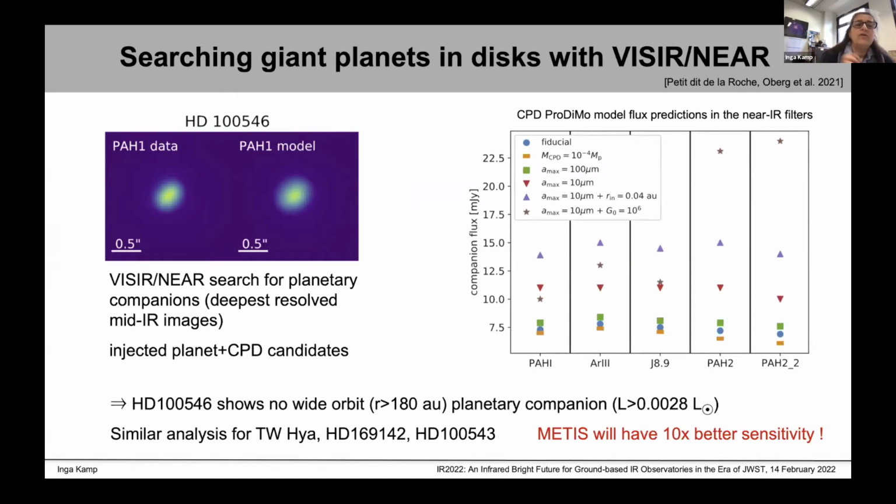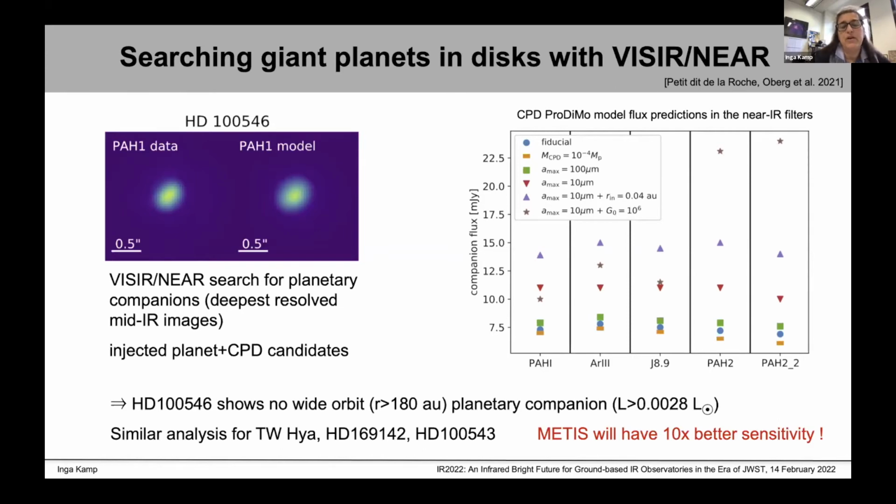And they tried to look for these planetary mass companions with these images. In fact, what you see here is the observation on the left-hand side and the model on the right-hand side. So there's fairly good agreement, but you also see that there are no extra sources detected.